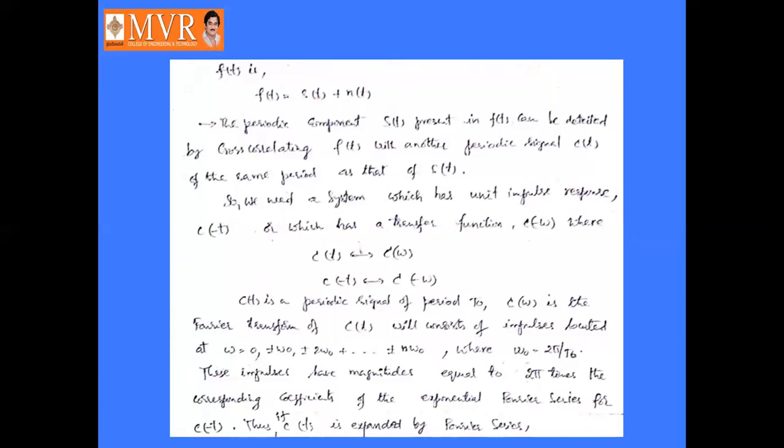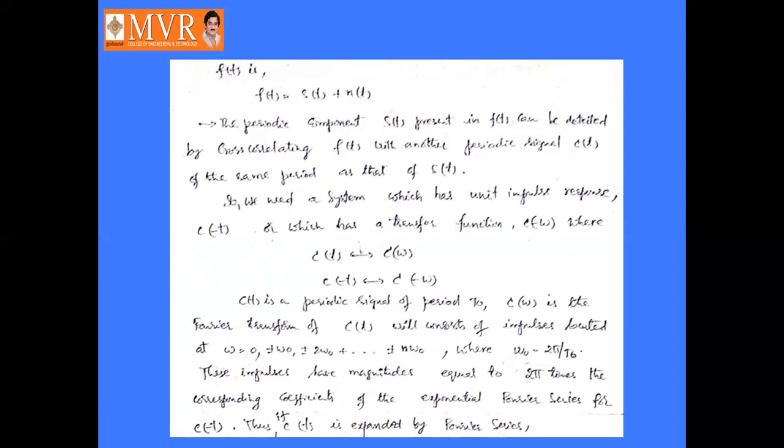The periodic component S(t) present in f(t) can be detected by cross-correlating f(t) with another periodic signal c(t) of the same period as that of S(t). So we need a system which has unit impulse response c(minus t), or which has transfer function C(minus omega), where the Fourier transform of c(t) is C(omega) and the Fourier transform of c(minus t) is C(minus omega).